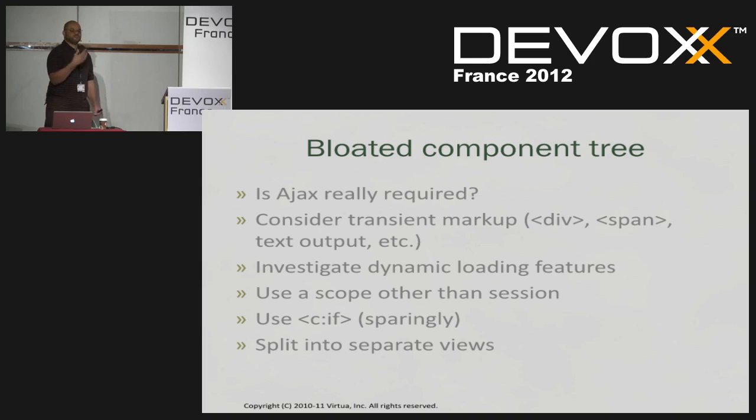Basically, I just turn on the dynamic property, and then whatever tab I go to is sent to the browser. So that helps with the size of the page being sent to the browser. It doesn't help with the component tree on the server. So take a look at your component suite, because it may have the ability to do some optimizations for the size of the component tree, or at the very least, the markup that's sent to the client.